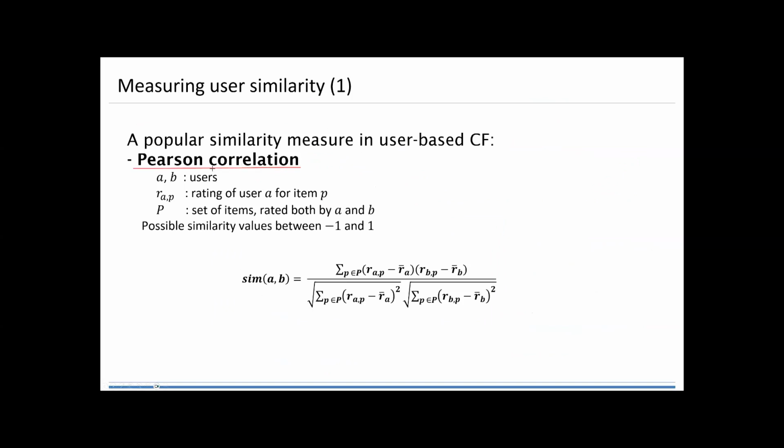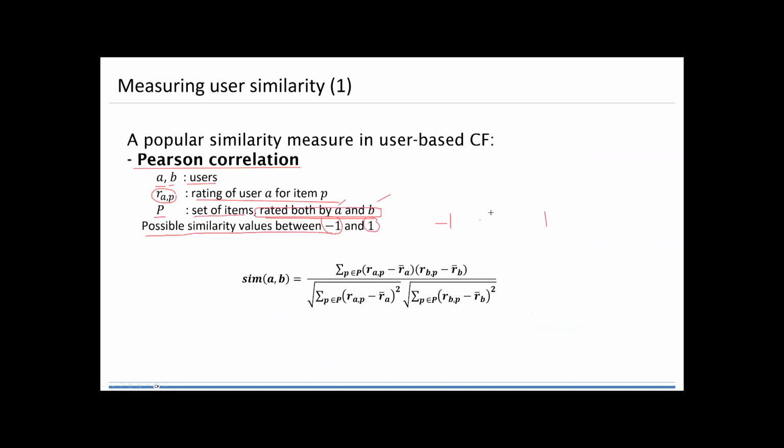Let's say we have A and B, they are users, and r_{A,p} means the rating of user A for item P, and P is the set of items rated by both A and B. So it means we need to make sure that both user A and user B have already rated that item. The similarity values are between -1 and 1, so the lowest is -1 and the highest is 1.